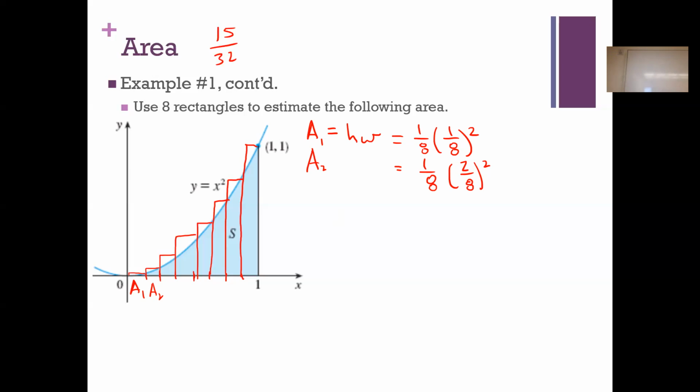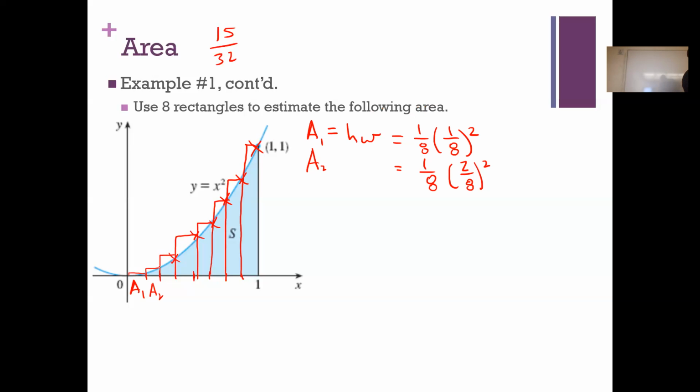How are we getting the heights of all these rectangles? What's governing that? How am I picking those heights? It comes from the curve, the equation Y equals X squared. And by the way, I'm picking the right ends of these rectangles just because I want us to have something consistent. I could pick anything on these intervals, we'll talk about that later.